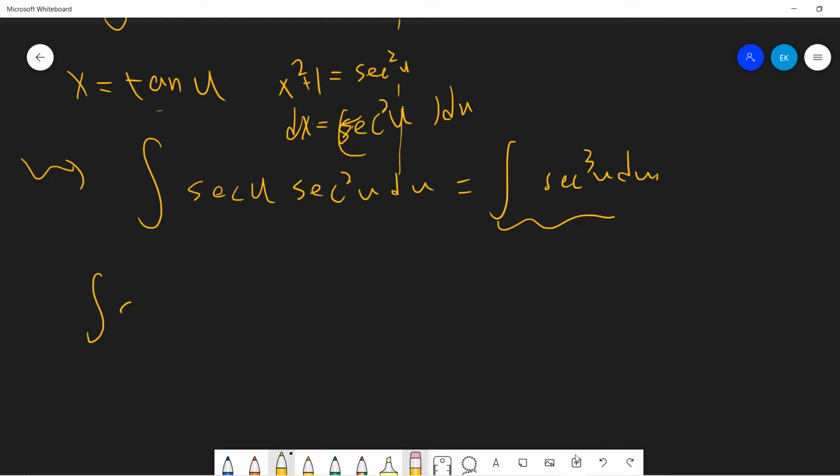But let's quickly compute it by integration by parts. I can write the original one as secant u d tangent u.